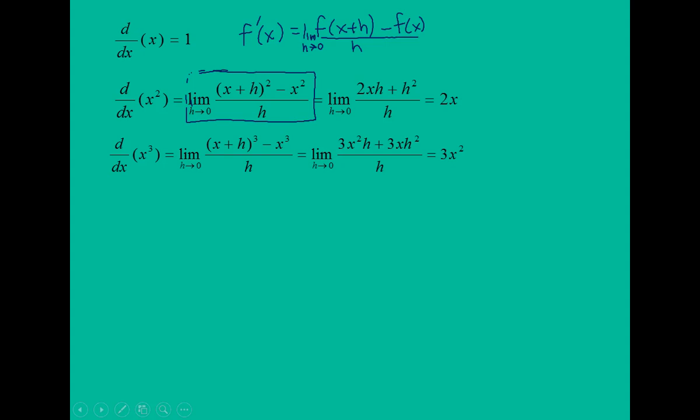And we find that the derivative is 3x squared. The derivative of x to the fourth, we can use the limiting process, and we would get 4x cubed.